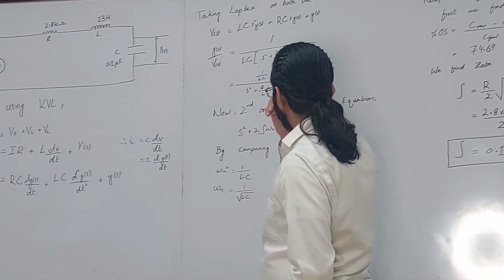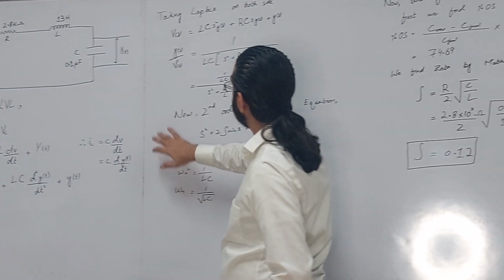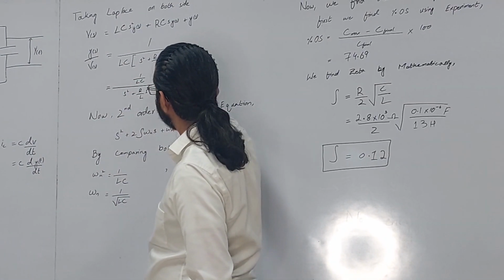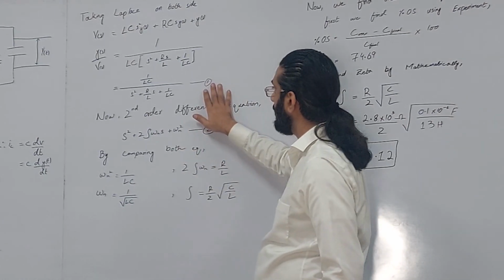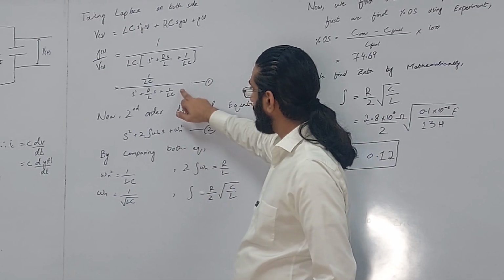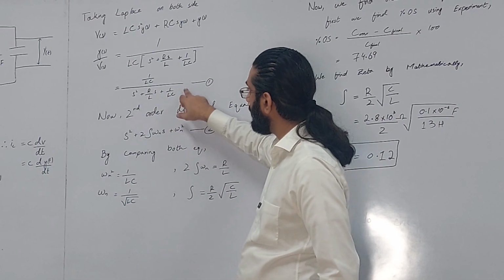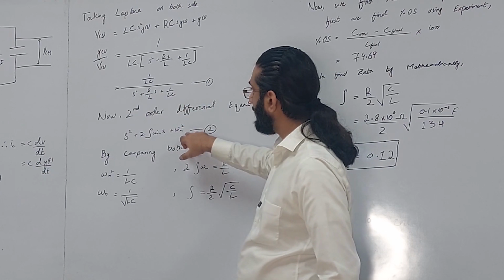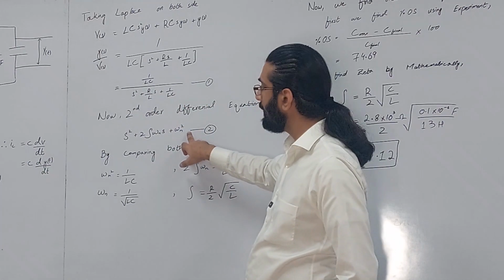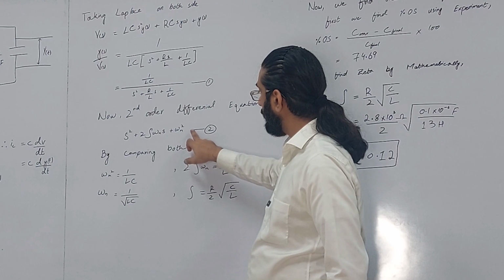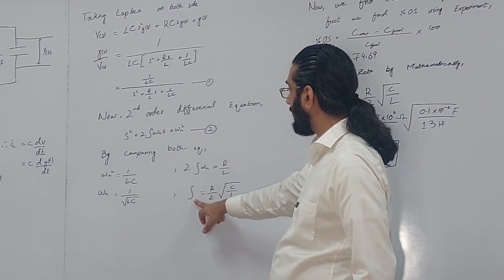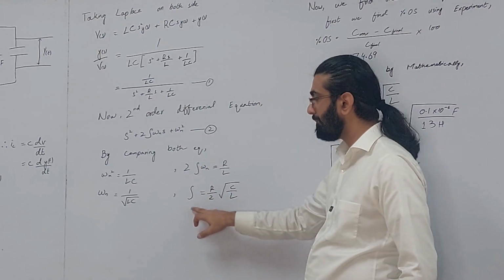From the differential equations, we applied the Laplace transform to both sides and calculated the transfer function, which is a second order transfer function, and we can compare it with the standard equation of a second order system, from where we can calculate the value of zeta, which comes out to be this one.